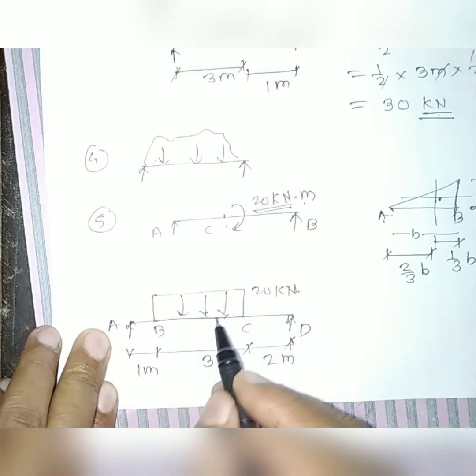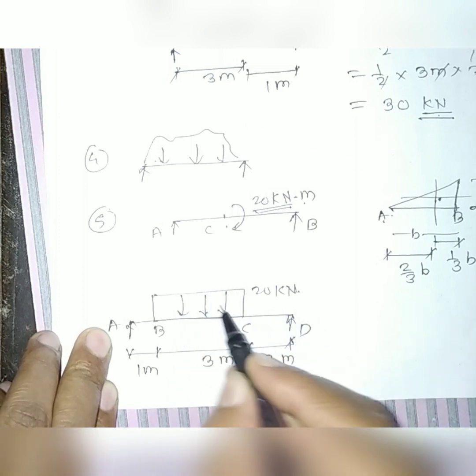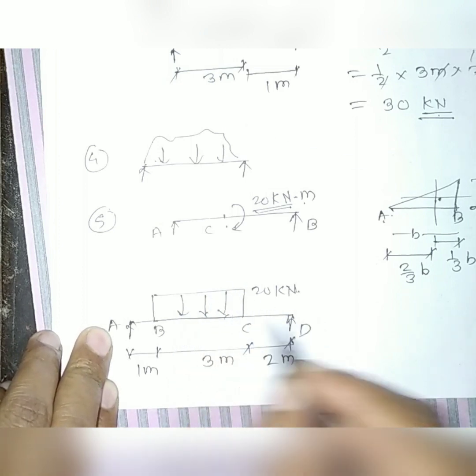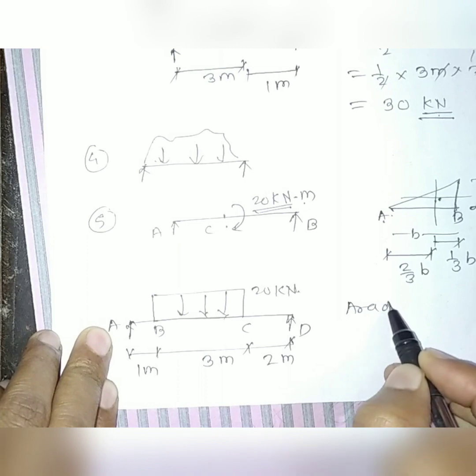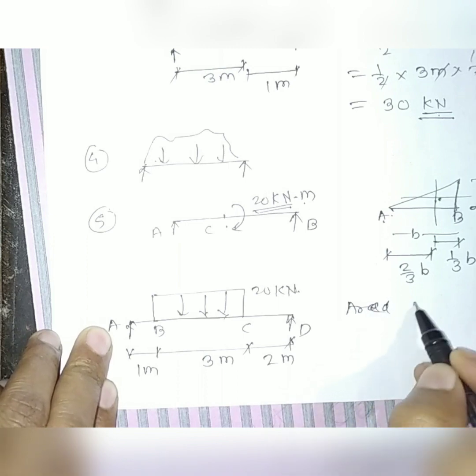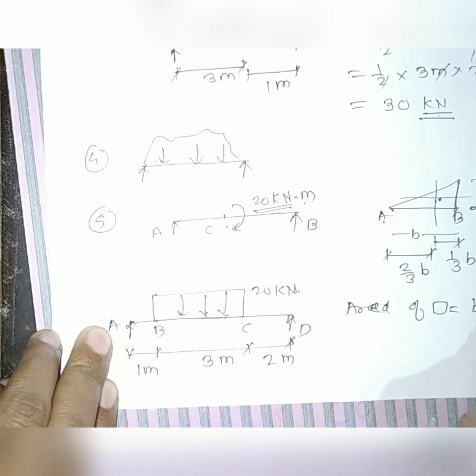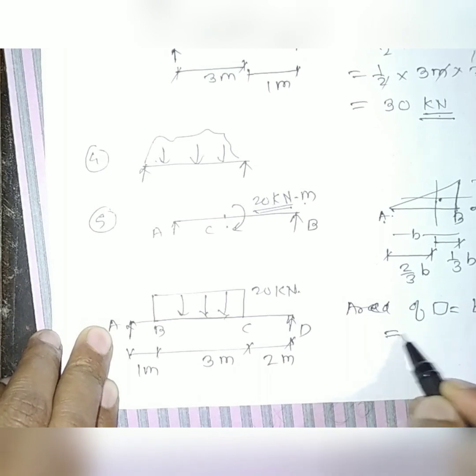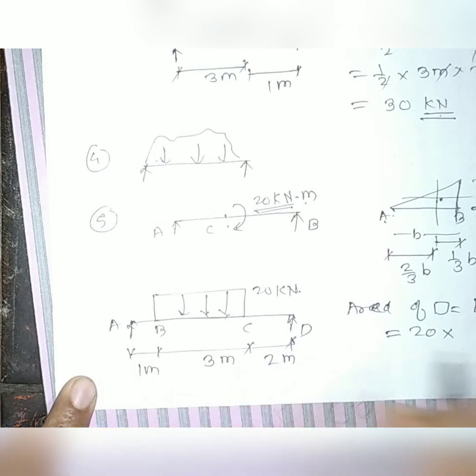Then the intensity is calculated as area of rectangle. Area of rectangle is given by breadth into depth. So it is given by 20 into 3 meter. Okay, 3 is the base. That's why 20 into 3. It equals 60.